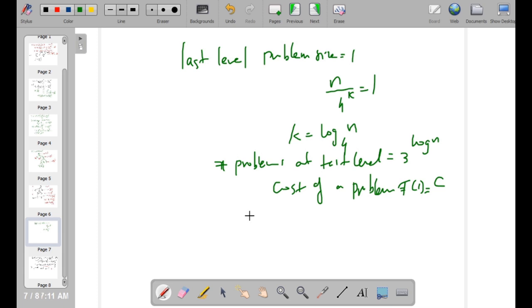Then the total cost at the last level is equal to the problem cost c, times the number of problems, 3 raised to log n to the base 4. Okay, so this is the cost at the last level. This is a special case. Then let us come back to the tree.